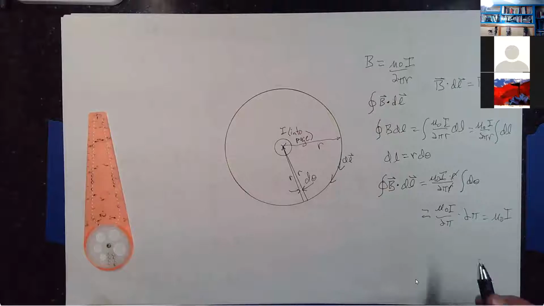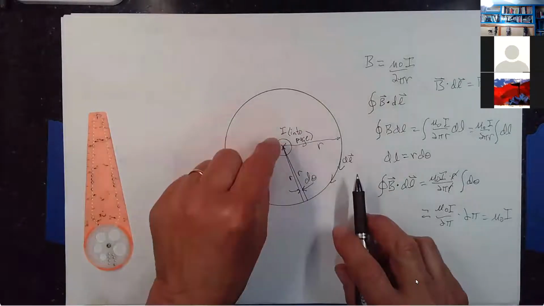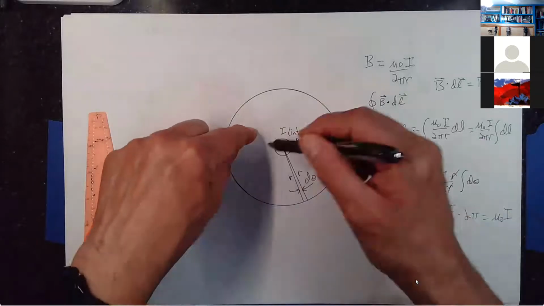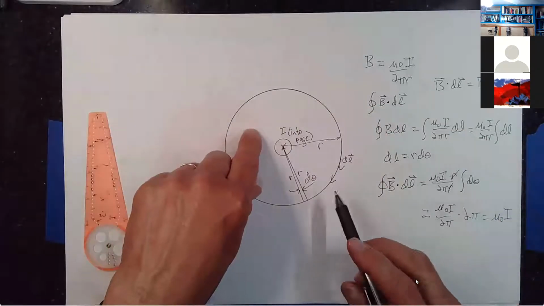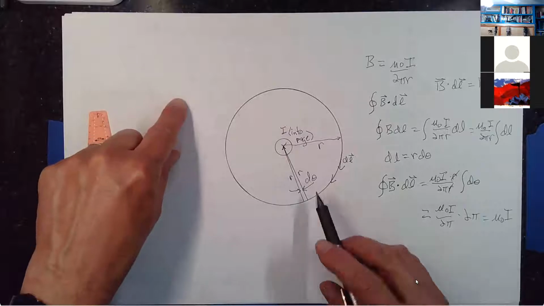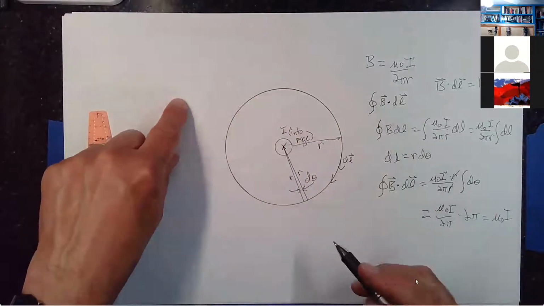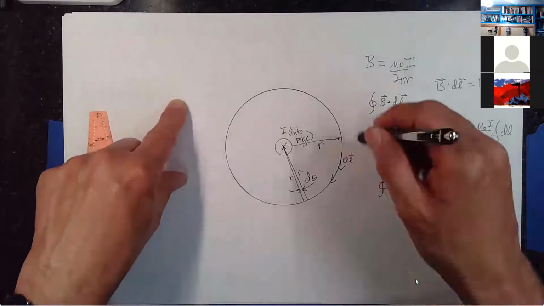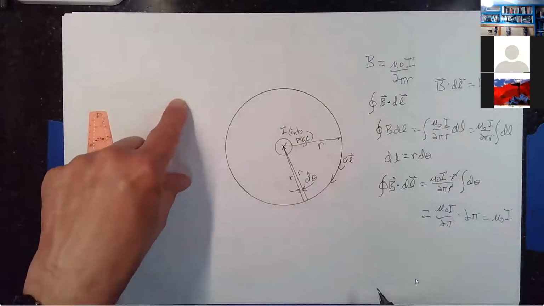But it turns out you could move this wire off center and do the integral, and you'd get the same thing. You could move the wire completely out of the circle that we integrated, and if you did that, you'd end up with 0 when you integrate around there.